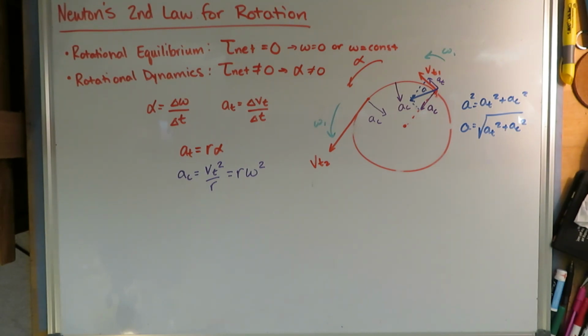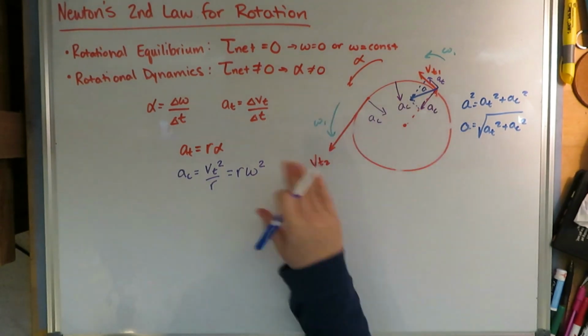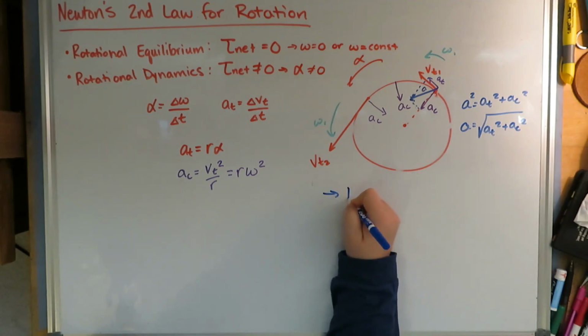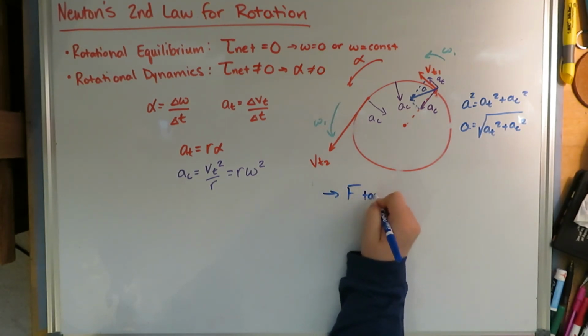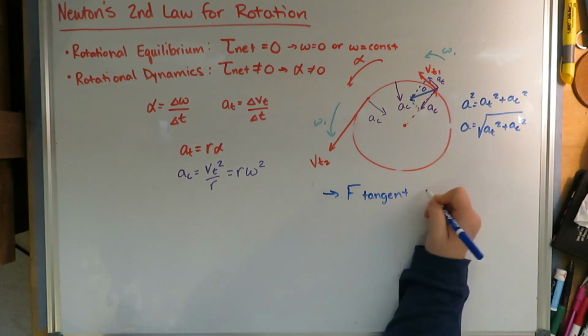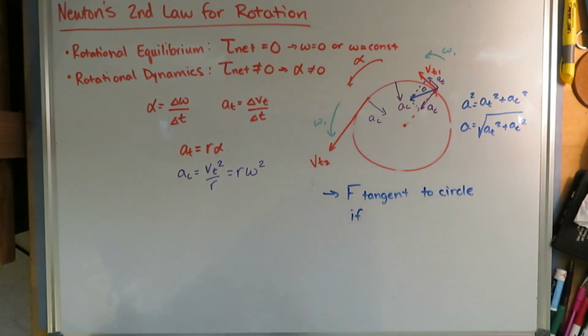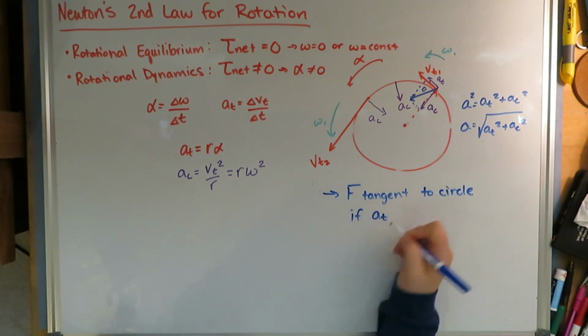So if we take a look at some of these definitions, I want to know how torque actually comes in and relates to these variables. Well, if I am going to be accelerating around the circle, then there must be some sort of force that is tangent to the circle if I am going to have a tangential acceleration.